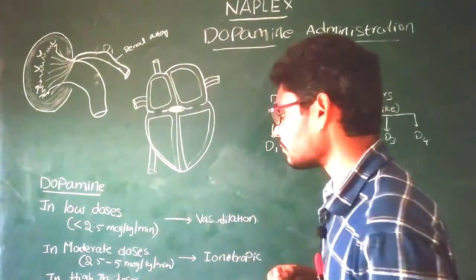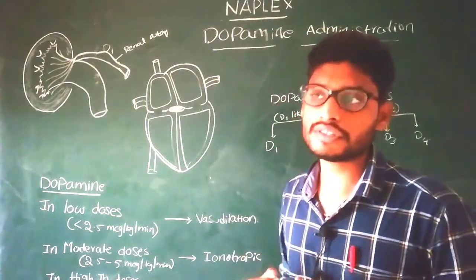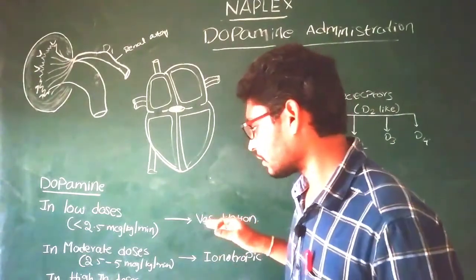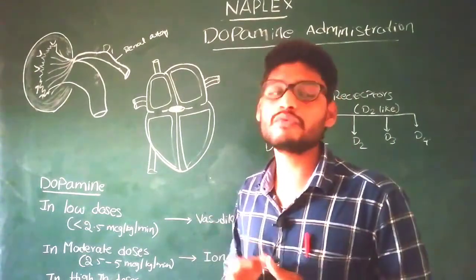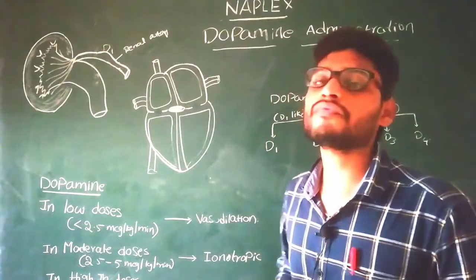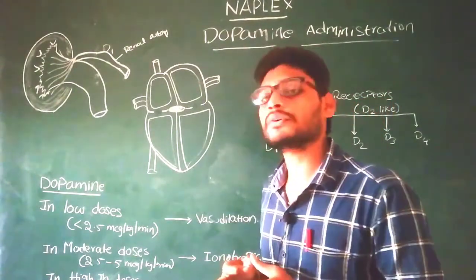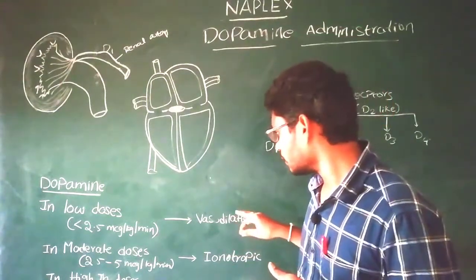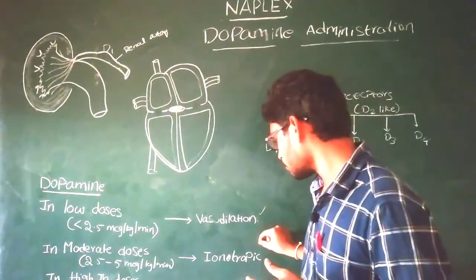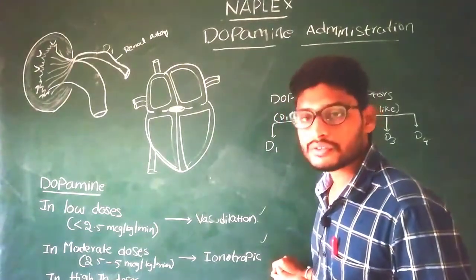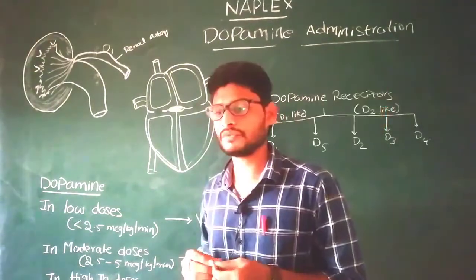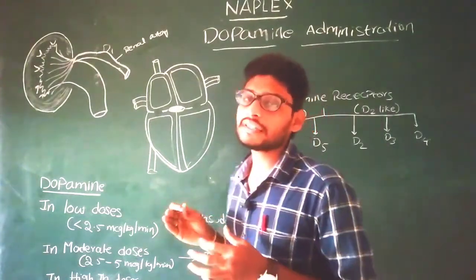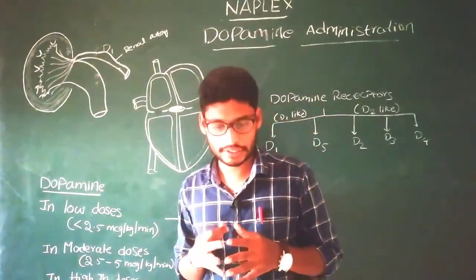At high therapeutic doses, in the range of 5 to 10 micrograms per kg per minute, it results in vasoconstriction. So it shows vasodilation, inotropic activity, and also vasoconstriction.